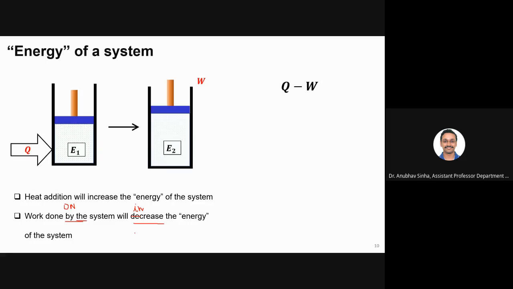So how do I find what is the energy E1? I'll say that Q minus W is equal to delta E. How much energy has changed from 1 to 2? Now E is the total energy of the system.